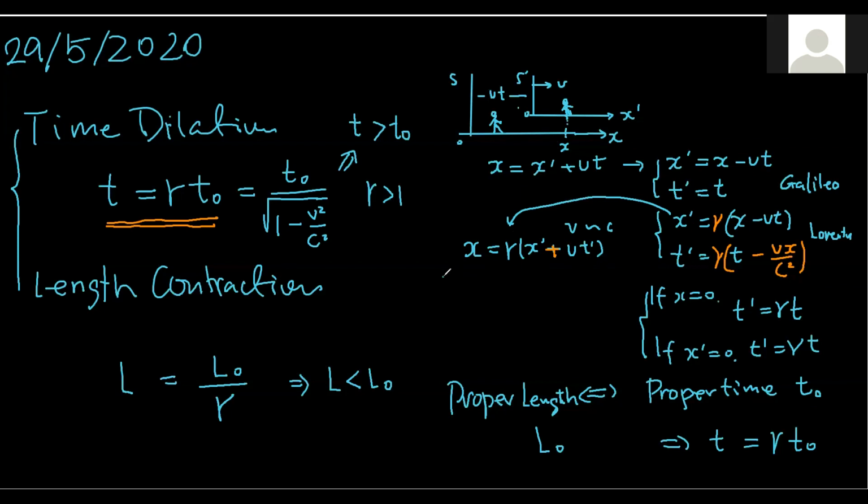Now, if we let t prime equal to 0, we will get x equal to gamma times x prime, which contradicts the observation we made when we let t equal to 0, that x prime was larger than x. Is that confusing? Yes, it is. It doesn't matter, I will show you.